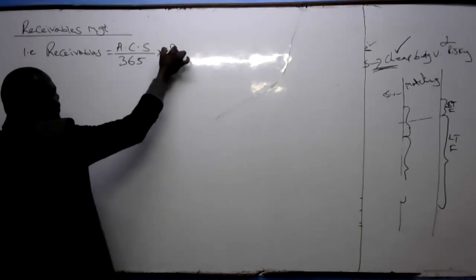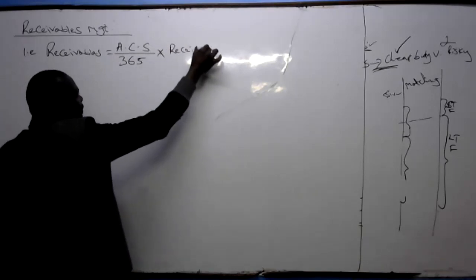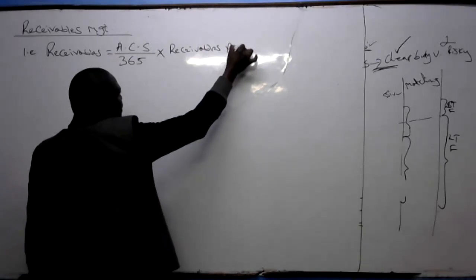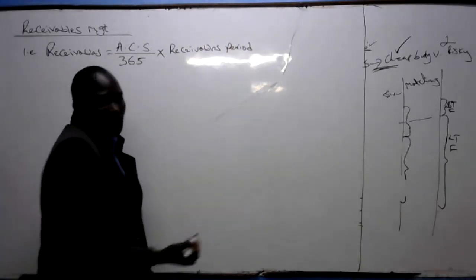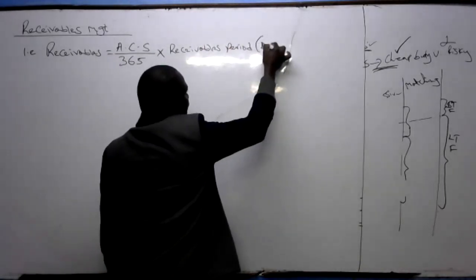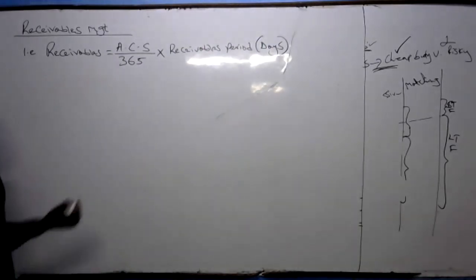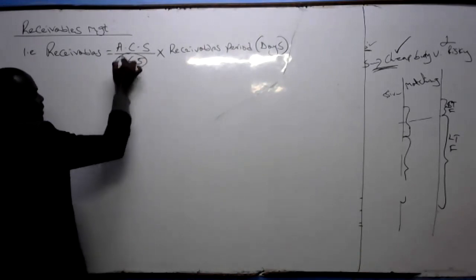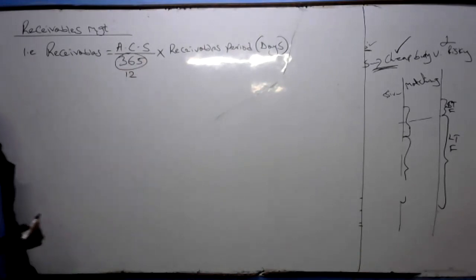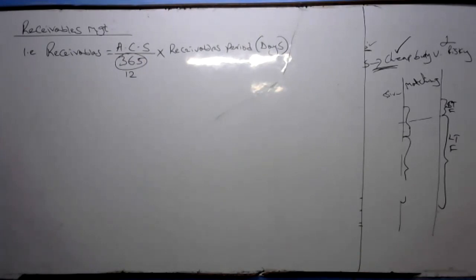Then we multiply by what? The receivables period. If it is in days. If it is in months, you divide by 12. So hapa inakuwa, what is that? Annual credit sales.